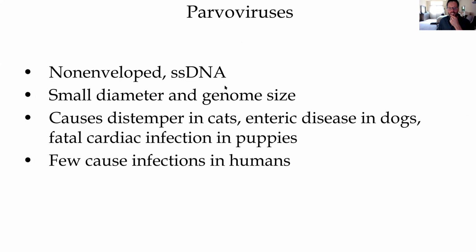And then parvovirus. These are definitely viruses that you might hear about if you get a puppy or a dog in general. It can pass through animals, like our pets. Cats can get it as well. It can be very bad for puppies because it can infect their heart and lead to heart disease and essentially cardiac arrest.